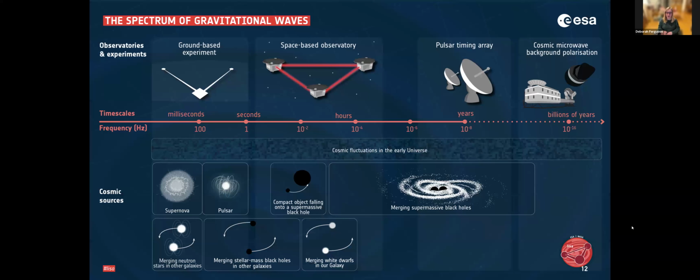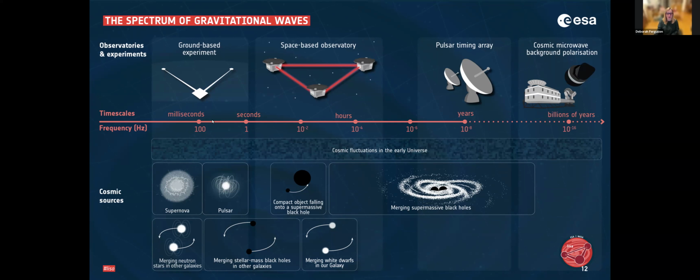So this is just the current status of where gravitational wave detectors are right now, but there's a whole bunch of planned experiments in the coming years that will cover different types of systems as well. So this plot, I really like this graphic, but there's also a lot going on, and so sometimes it can be a little confusing. So what we're looking at along what I'm going to call the x-axis here is the timescales of the orbits increasing as you move to the right, and thus the frequency of the gravitational waves is actually decreasing as you move to the right.